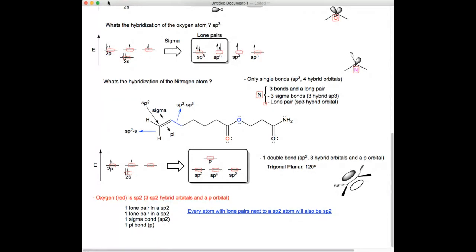That's the exception that I'm saying, because when I asked what is the hybridization of that blue oxygen, everybody said sp3, which makes sense because that's what I had thought so far. But I'm telling you now that that oxygen is going to be sp2 because it has lone pairs and it's next to an sp2 atom. Or, as you will see in some textbooks, next to a double bond. It doesn't matter, it's the same thing, because if there is a double bond, this atom is going to be sp2. I like it with sp2 because it's more general, more scientific.